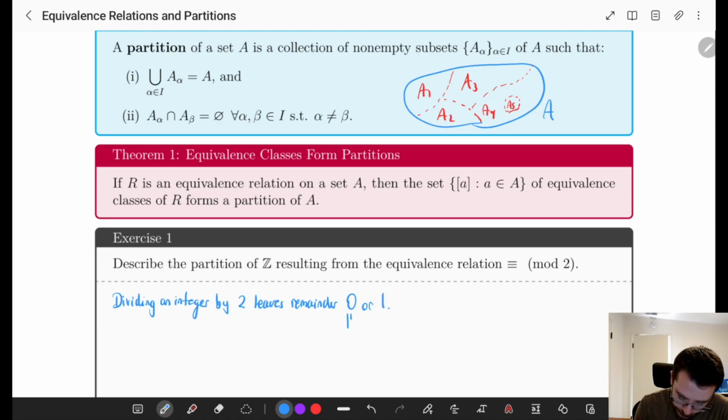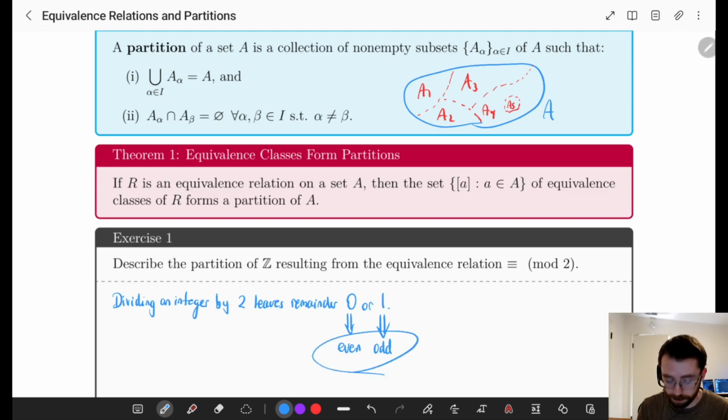If it's remainder 0, that means you got an even integer. If you divide by 2 and there's no remainder, guess what? Your number was a multiple of 2, so you're even. If you have remainder 1, that means you were 1 off from an even number, so you're odd. So the partition of Z resulting from this equivalence relation is evens and odds.